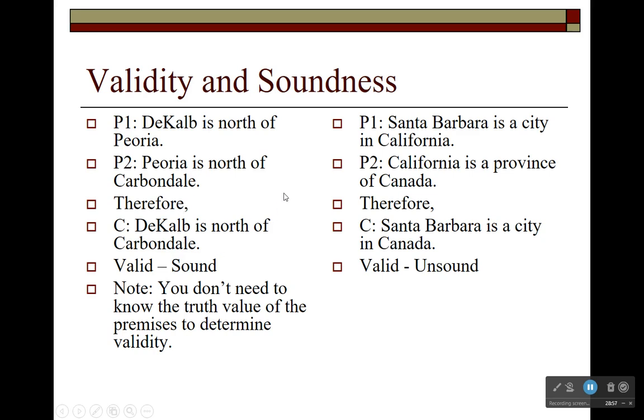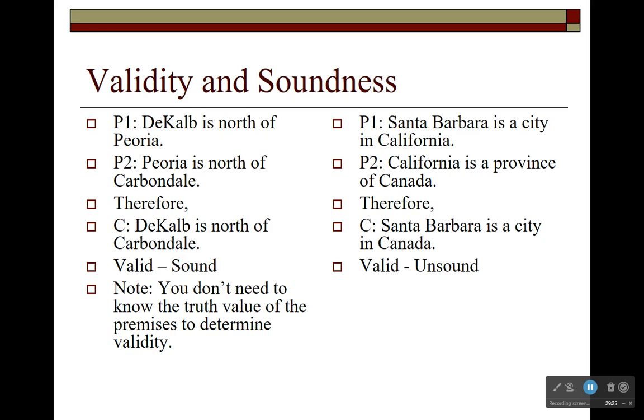Now, you may not know anything about the geography of Illinois, so maybe you don't know whether these premises are true. I want to point out that you don't need to know the truth value of the premises to determine validity. That's my point with this example. You could know nothing at all about the geography of Illinois and still see that this is a valid argument and still see that this is correct reasoning.